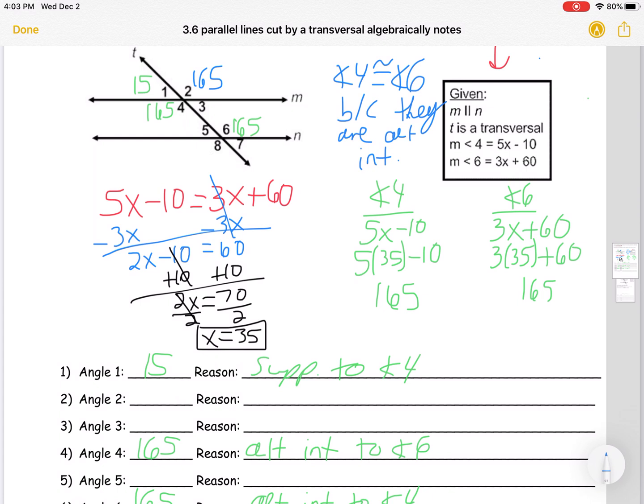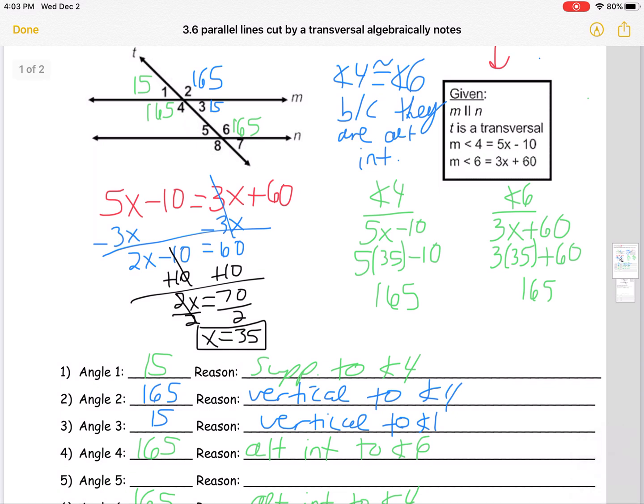And the reason is because it's vertical to angle 4. And vertical angles are always equal. Okay? Angle 3 is 15 because it's vertical to angle 1.